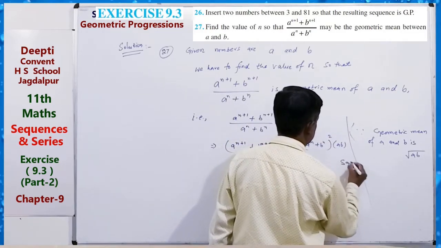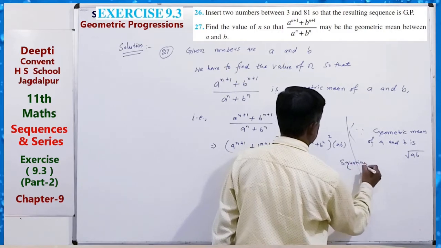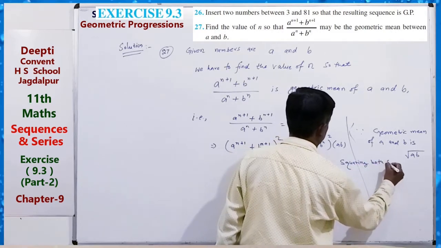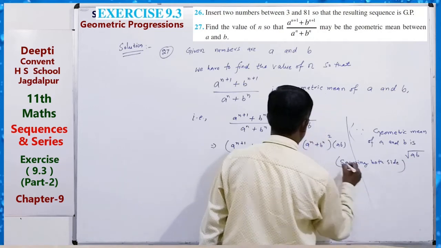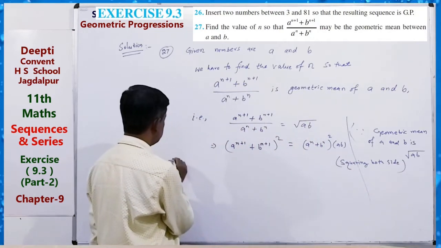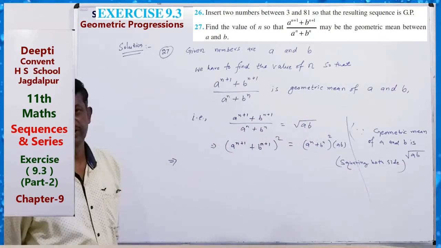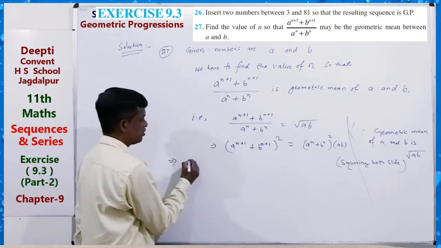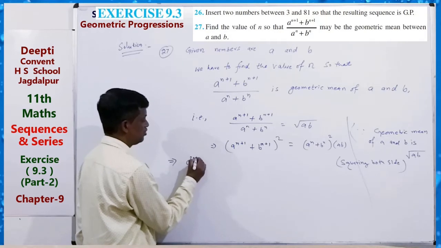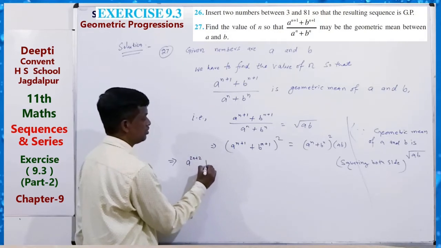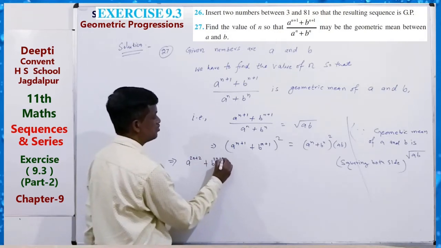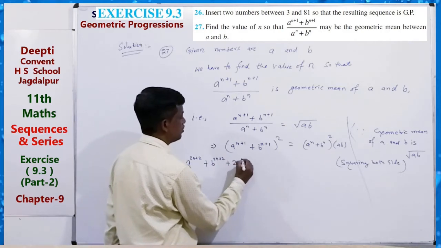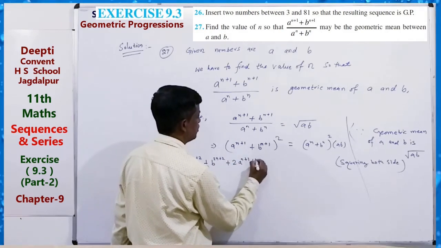Just now solve it, and we can find the value of n. Here a plus b whole square means a power 2n plus 2, b power 2n plus 2, and 2 a power n plus 1, b power n plus 1.